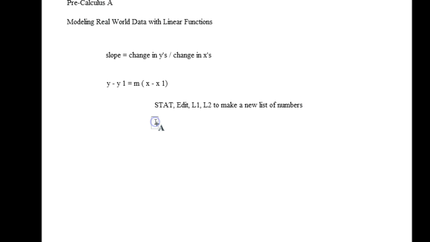So once again, you're going to press stat, and then you go to calc, and then you go to linear regression, and then you put in your L1 numbers to work with it. You just put your list of numbers from L1 and L2 in there, and it should help out.